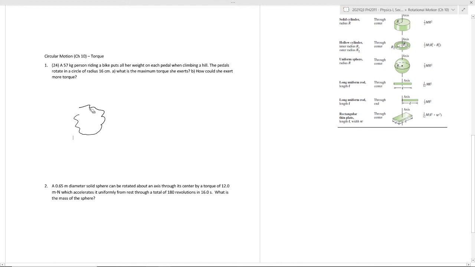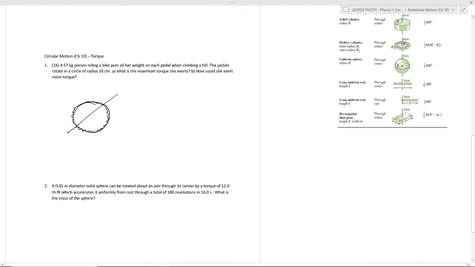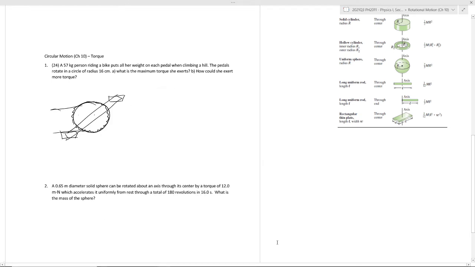Imagine the gear on the bicycle, and we have the crank arms on the bicycle and the pedals. The question is, what is going to be the maximum torque that the person exerts on the bicycle crank? Hopefully this is a good example because it gives you a system that we can visualize and that we're familiar with, riding bikes and whatnot.